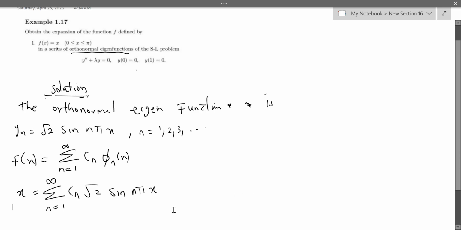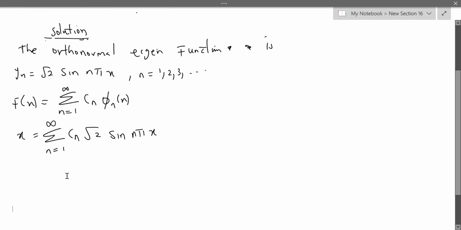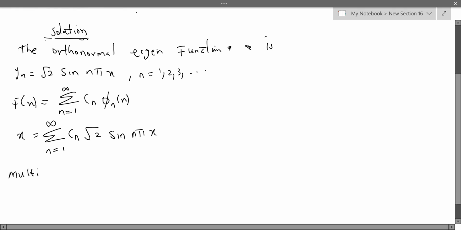Okay, so let's solve for cn. To solve for cn, you remember that you multiply. The first step is to multiply both sides by r of x times phi of m. Remember that r of x is the weight function and phi of m is just picking one function from the set of orthonormal system.